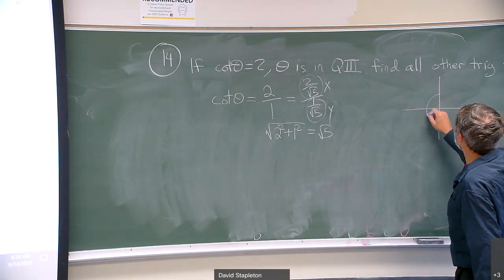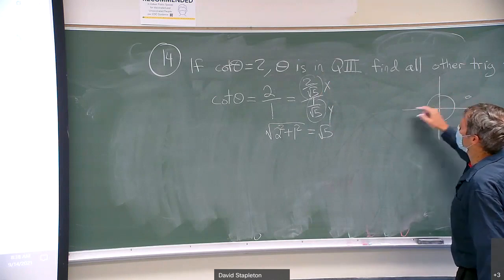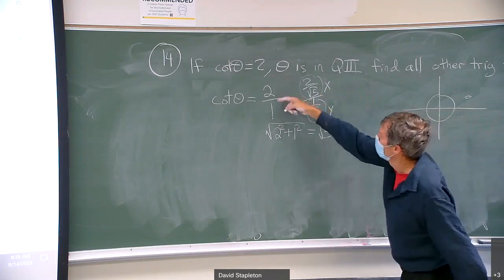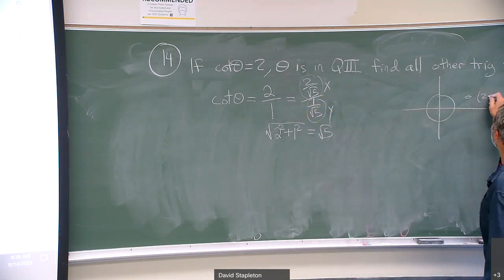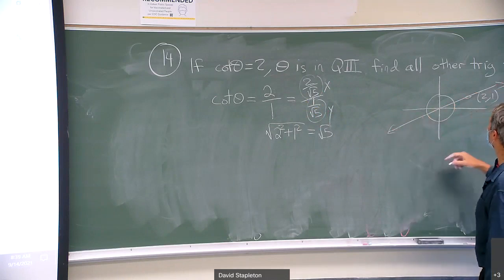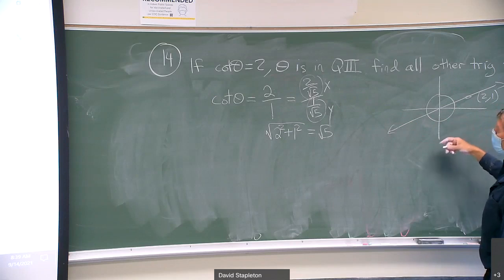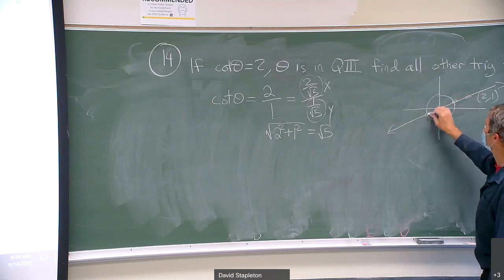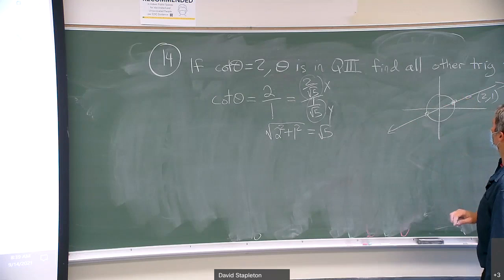Tangent. Here's the unit circle. And it should be x is 2, y is 1 on the terminal ray. That's right, this way we get to do it twice. Or it could be the opposite direction, but it's on this line in order to have that cotangent. But we want these 2 points on the unit circle to be able to figure all the trig functions. So this one, if you divide by the root sum square, has coordinates 2 over square root of 5 and 1 over square root of 5.